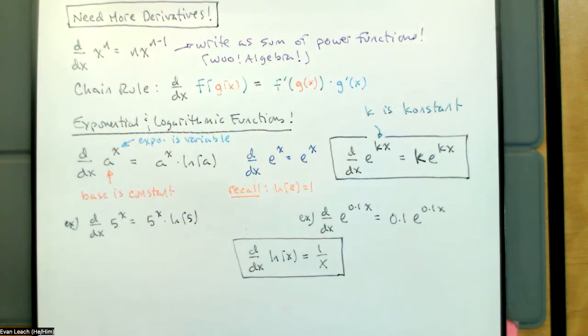This is, for us right now, just something that you get to remember forever, starting today. The derivative of natural log of x is 1 over x.